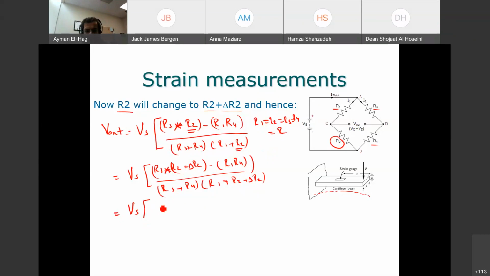So Vs, this becomes R times (R plus delta R) minus R times R, divided by (R plus R) times (R plus R plus delta R). So nothing specific here. I just changed everything to R, except for R2, which becomes R plus delta R.